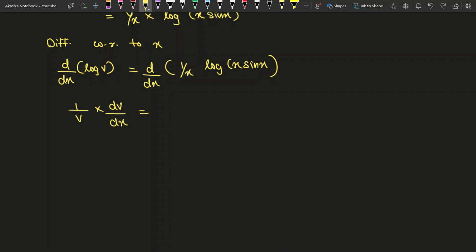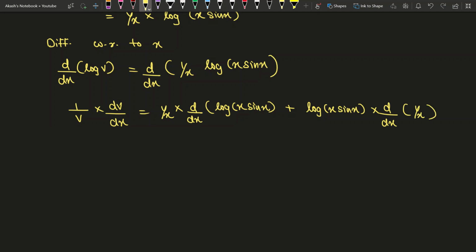Here it is a product of two functions, 1 by x and log x sin x, so you need to apply the product rule. What is the product rule? First function into derivative of second function plus second function into derivative of the first function.